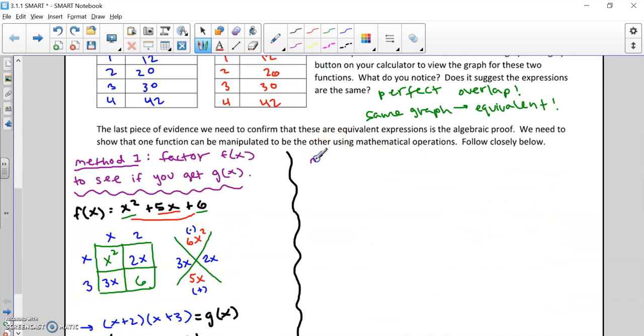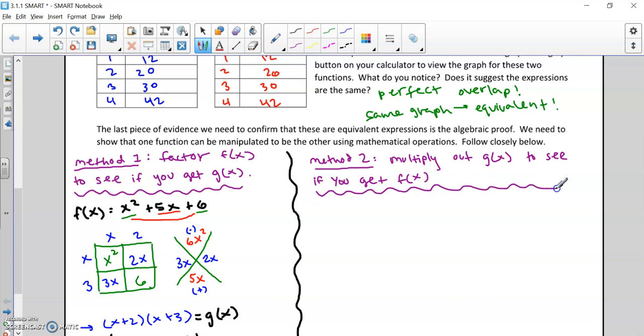Okay, so method 2 is to multiply out g of x to see if you get f of x. All right, and this is actually the method that MyOpenMath is going to have you do on today's practice problems.